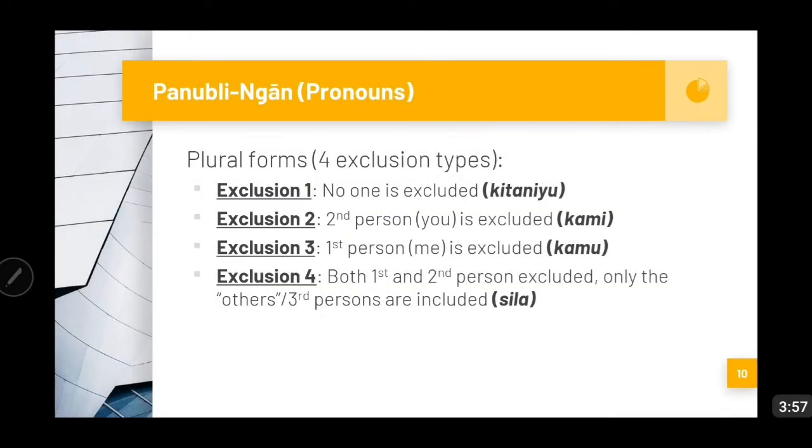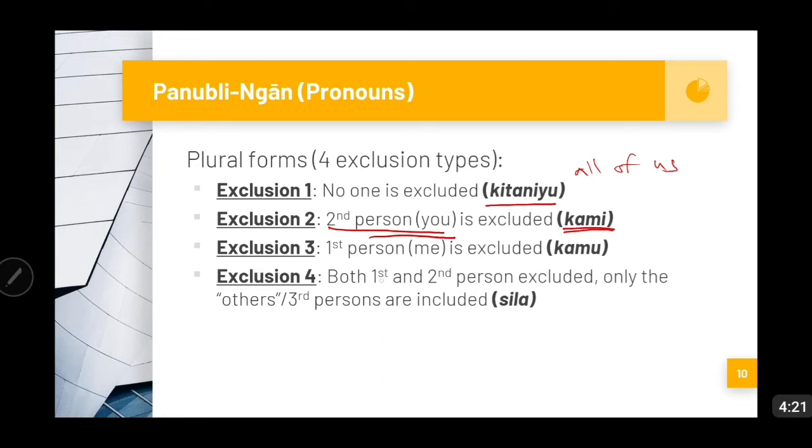We have the first exclusion, wherein no one is excluded. So both the first person, the second person, and or the third person is included. An example here is the pronoun kita niyo. It means all of us. Then we have the second exclusion, wherein the second person, you, is excluded. An example here is the pronoun kami.